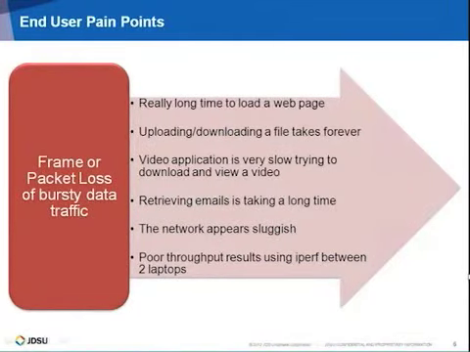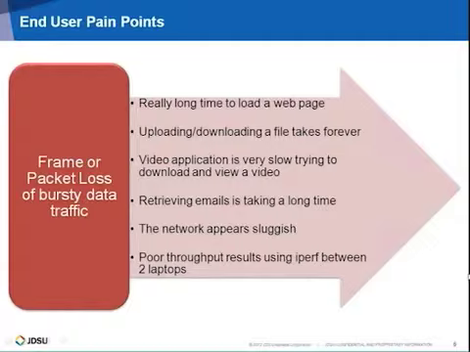So I want to take a moment to talk to you about what the end user pain points are. The end user being either your wireless customer or your Ethernet business customer. If there's a lot of frame or packet loss of bursty data traffic, they're going to experience this in a negative way on several different data applications.